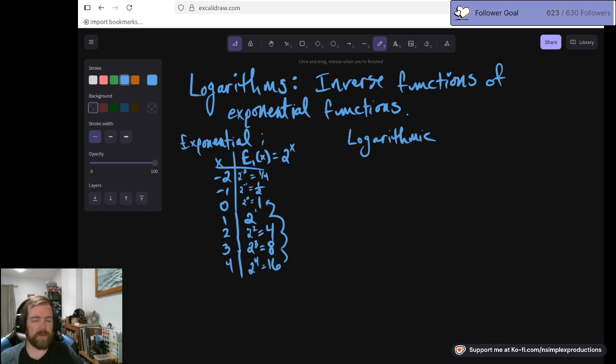So when we talk about the logarithmic function, again, we talked about how to find inverse functions. What we're going to do is say that we've got y equals e of x is equal to 2 raised to the x power.